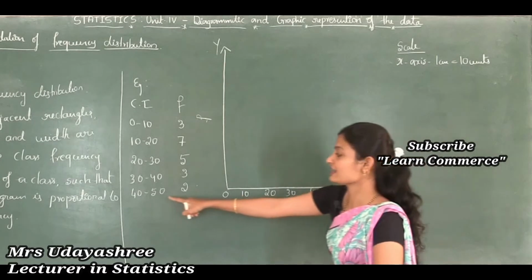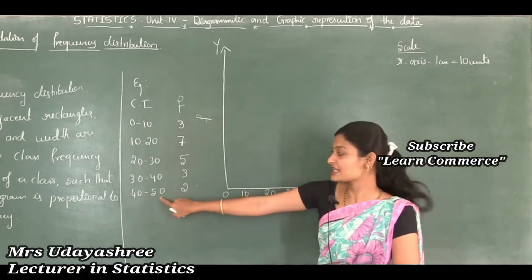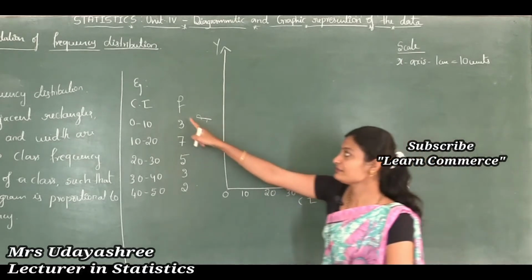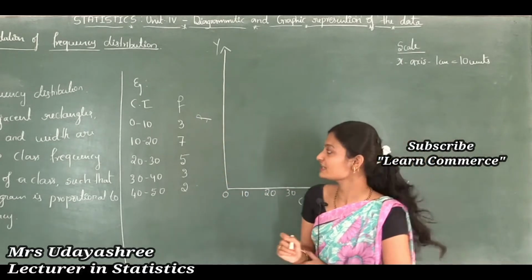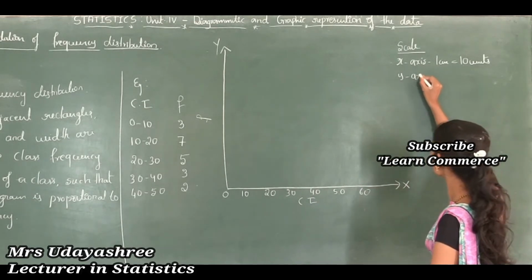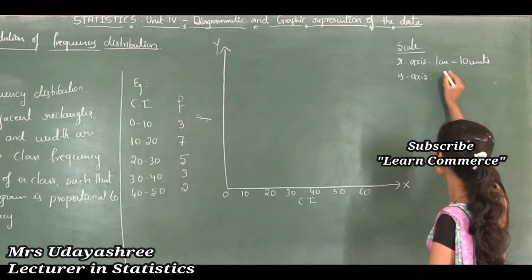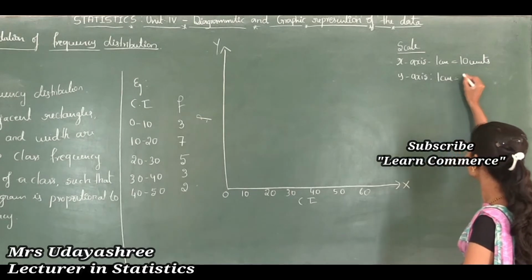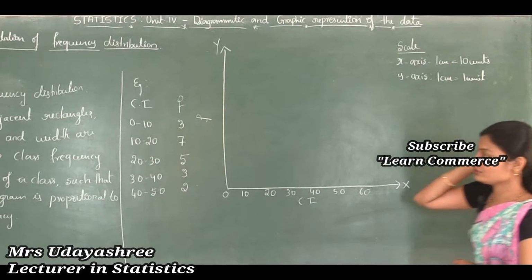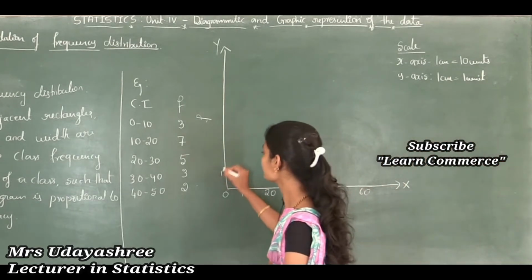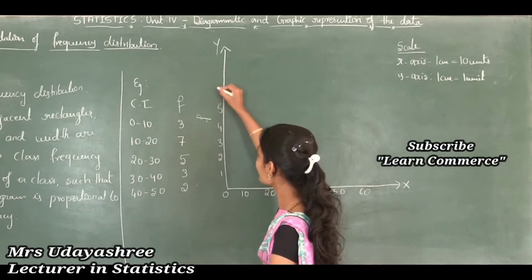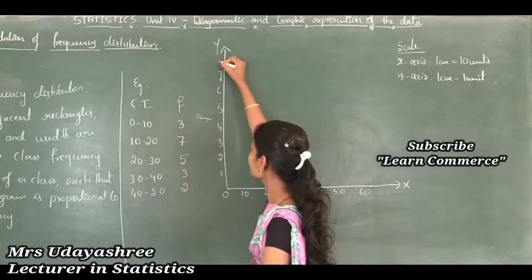The last upper class limit is 50, therefore I will stop here. Then for the y-axis, a suitable scale is 1 centimeter equal to 1 unit, that is 1, 2, 3, 4, 5, 6, 7 and 8.